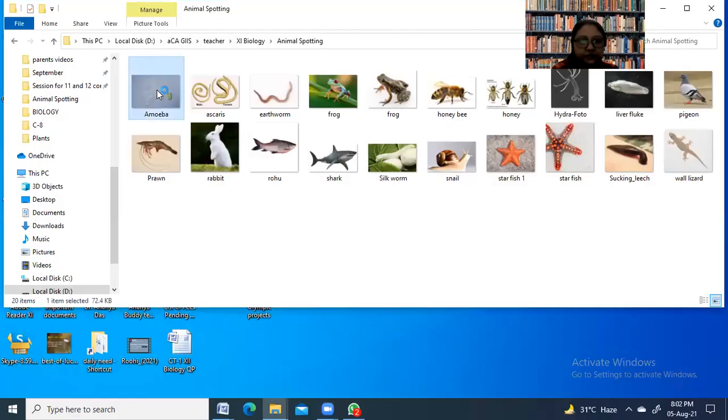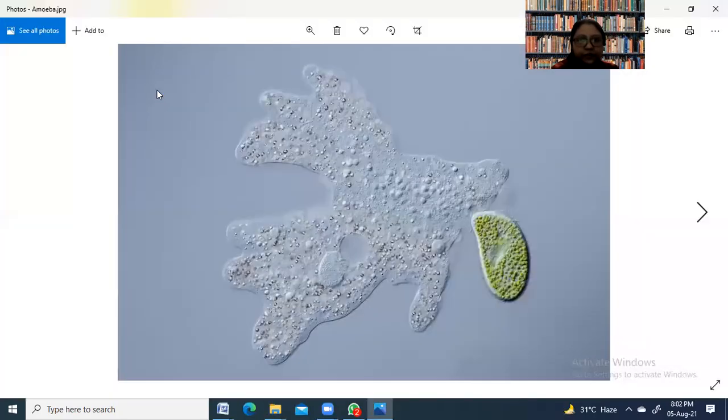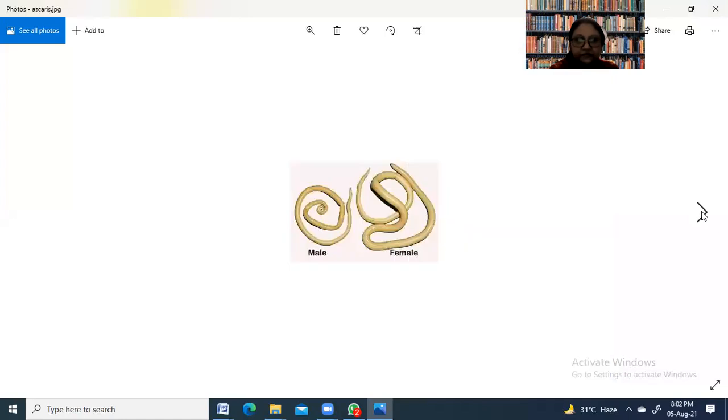And let me share the screen for that. This will be comparatively easy for you to understand. What is this? Amoeba. This is an image created by a phase contrast microscope. What is this? Ascaris.